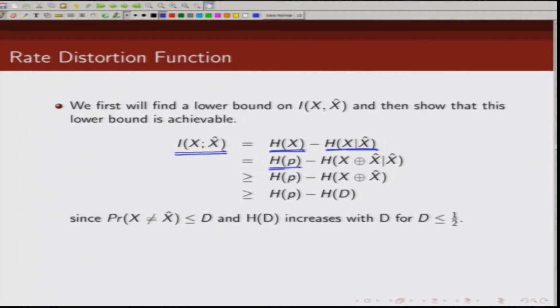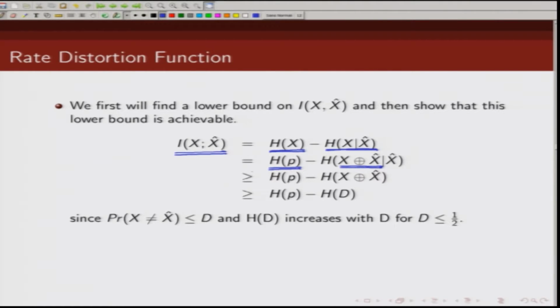Its entropy is given by h of p, the binary entropy function of p. Now, what is the uncertainty in x given x hat? There is uncertainty in x only when it is not the same as x hat. So, the uncertainty in x given x hat is basically the uncertainty in x not equal to x hat, and that is given by this x XOR x hat.